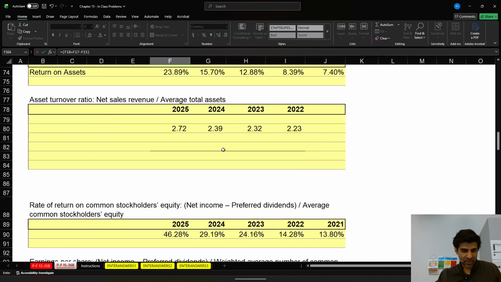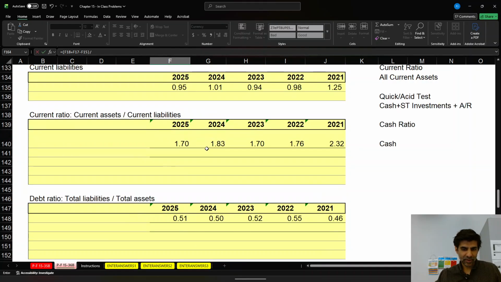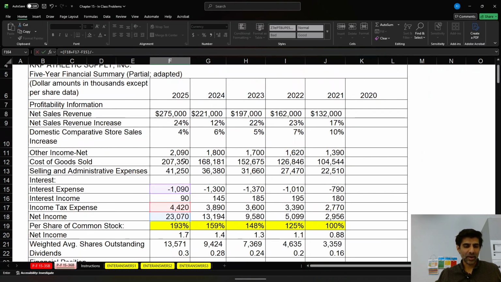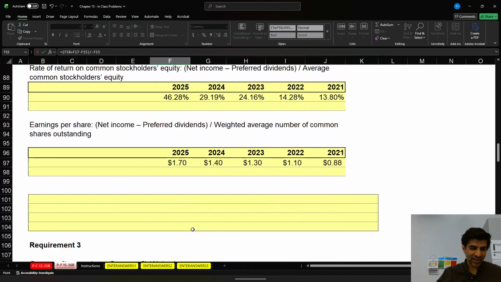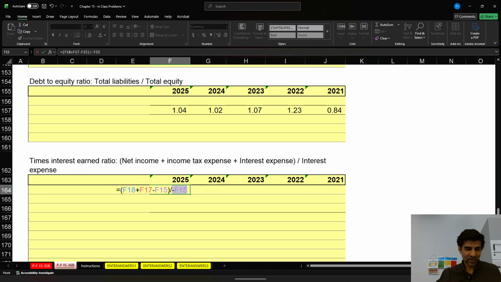Okay, so now that divided by your interest expense. I'm just going to put a negative sign because I don't want this to be negative, but you just divide it by this interest expense. I put a negative sign in front of it to make it from a negative number to a positive number. So that's why this negative is here.